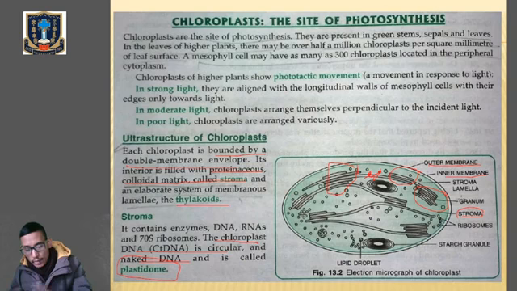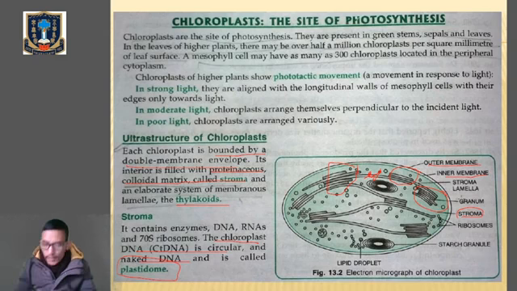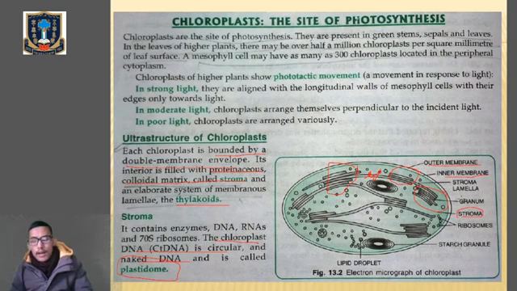Then we have the thylakoids, which run parallel in the stroma and are divided into grana lamellae and stroma lamellae, the frets channels. Clear? These stroma thylakoids connect the two grana.